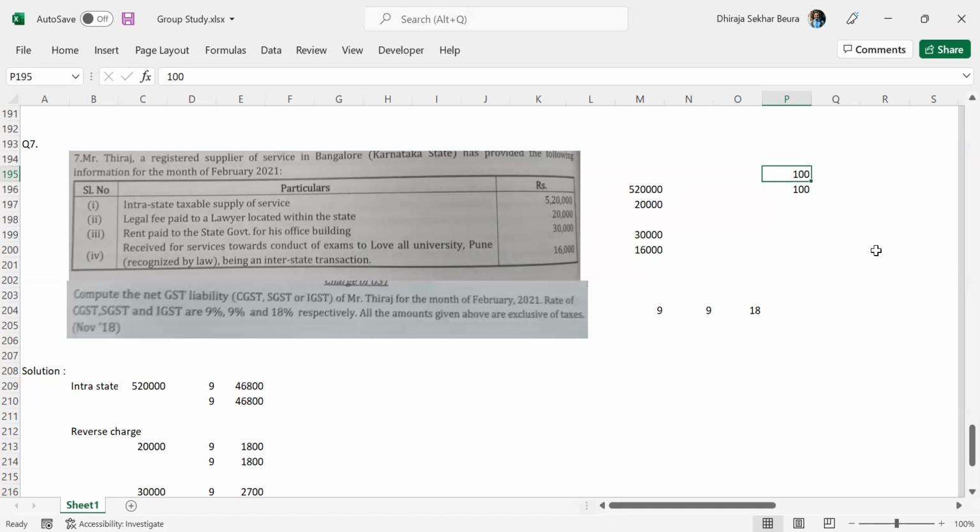If you are paying cash, that is a credit, isn't it? You should be able to claim credit for that. So in this example, you had 100 rupees of liability for reverse charge mechanism.